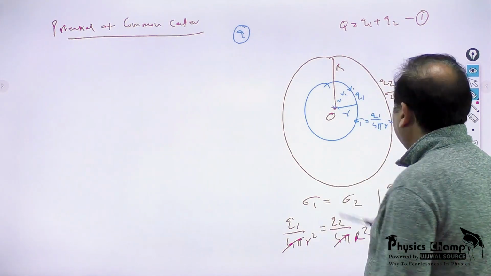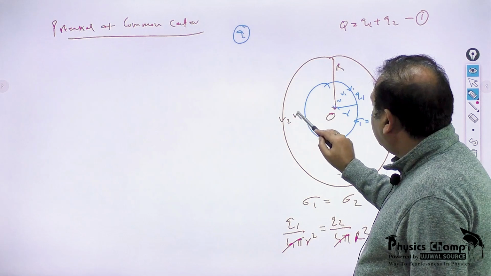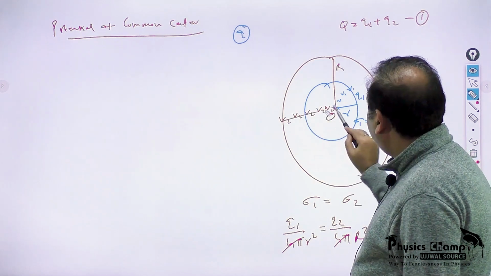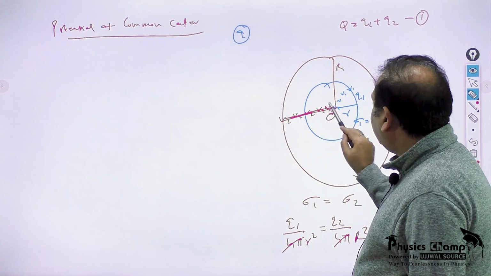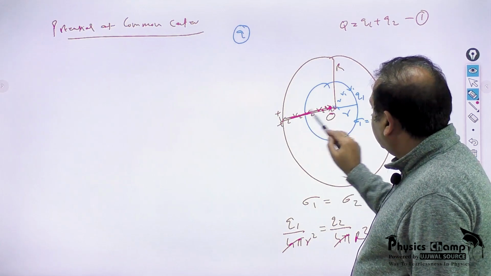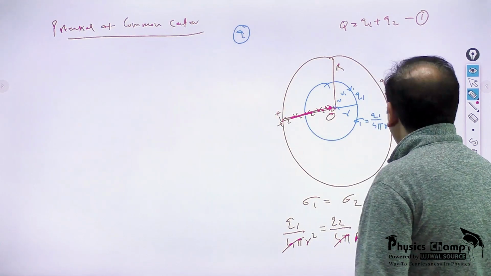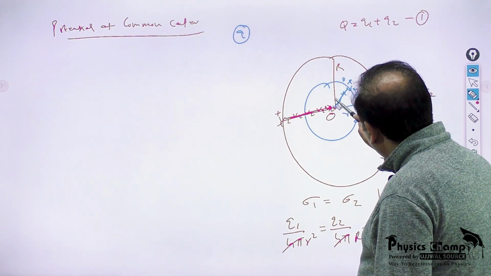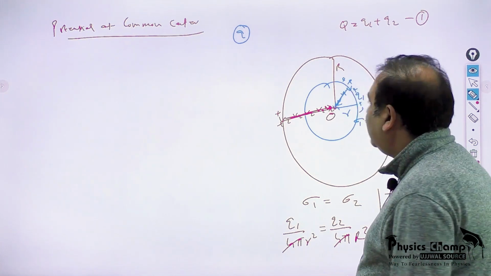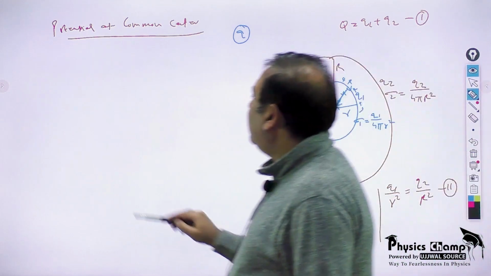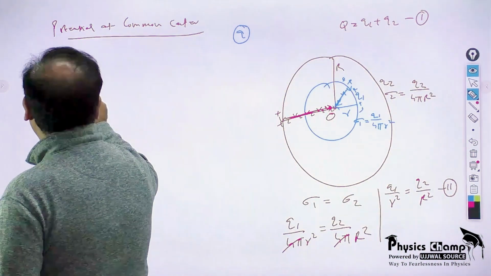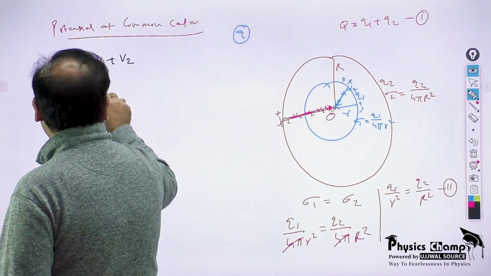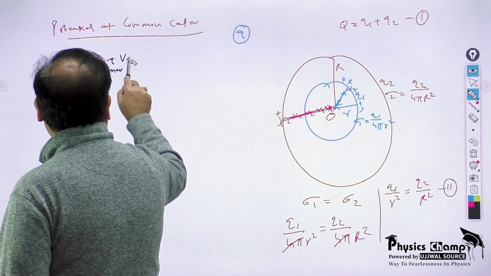And secondly, V2 will exist due to the charge on the outer shell, and the same V2 will exist here. So V2 will shift as it is from the outer shell to this, and V1 will shift as it is from the inner shell to this. So what are the two potentials at the center? The two potentials at the center are V1 and V2, or V inner plus V outer.